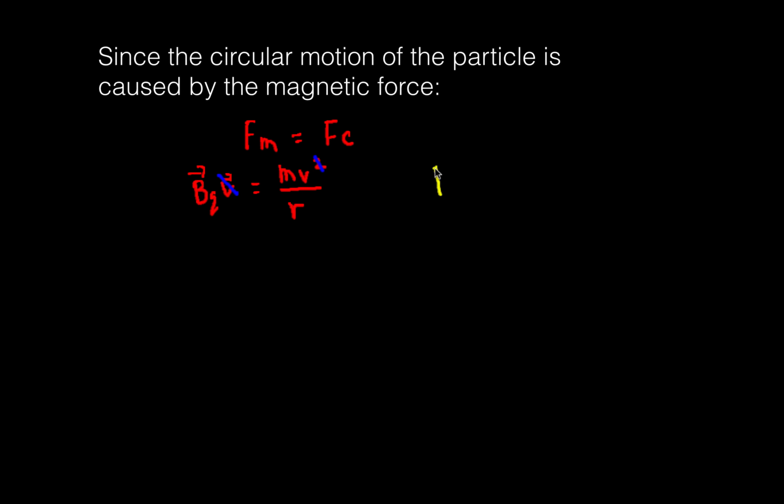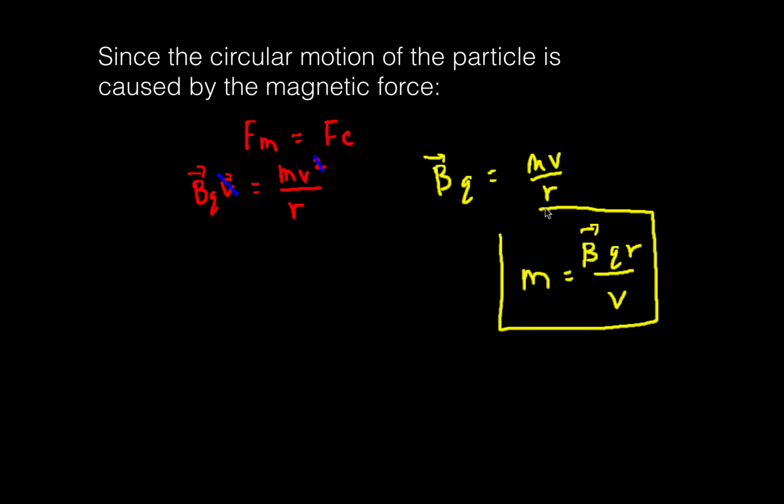This gives us BQ equals mv over r. This can be rearranged in various ways. One particularly useful rearrangement is to solve for m, where m is BQ times r divided by v. Alternatively, you might want to find the radius of the path, where radius is mv divided by BQ.